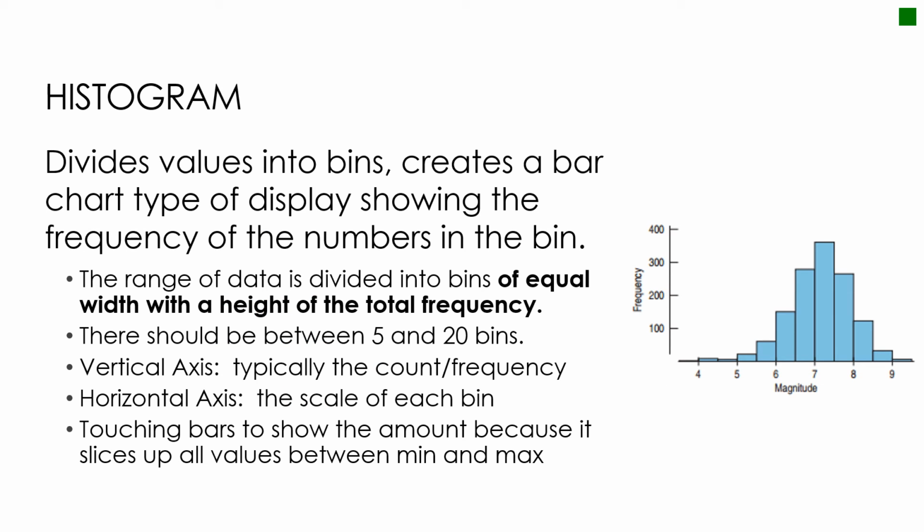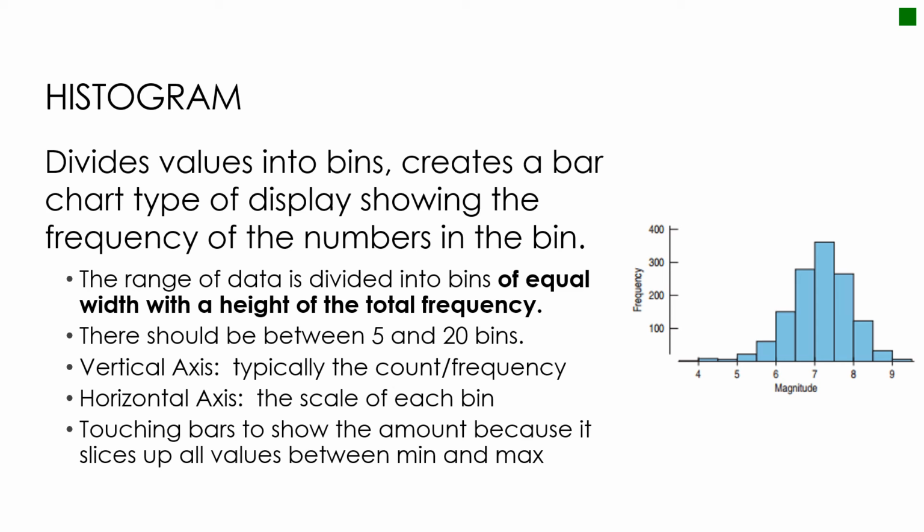What you'll see most often in this class is a histogram. A histogram divides values into bins. Notice that there are no spaces, whereas when we talked about the bar chart a little while ago, there were definitely spaces.